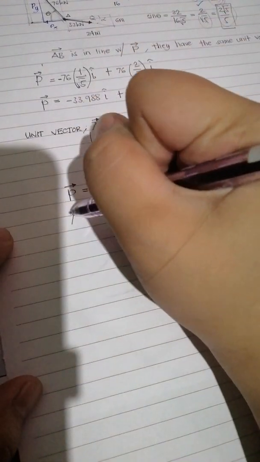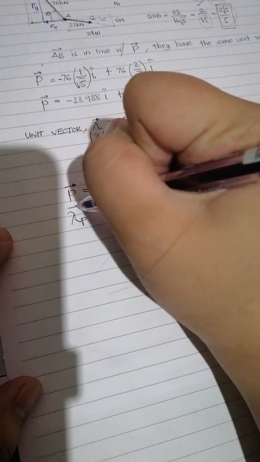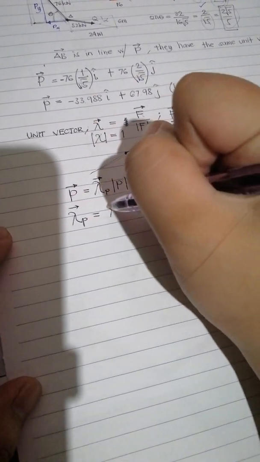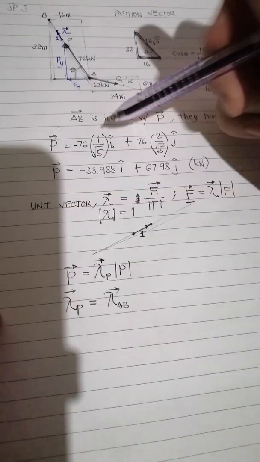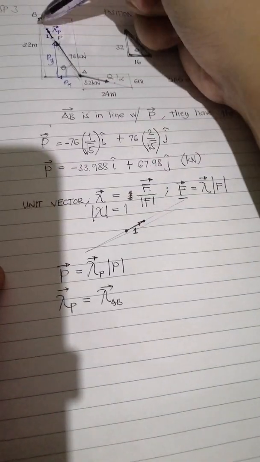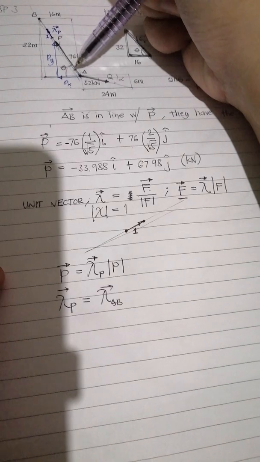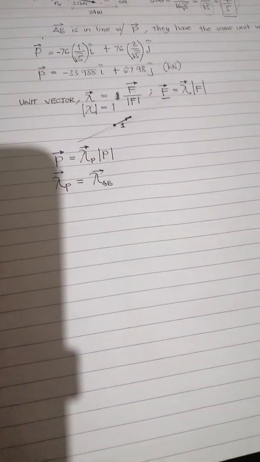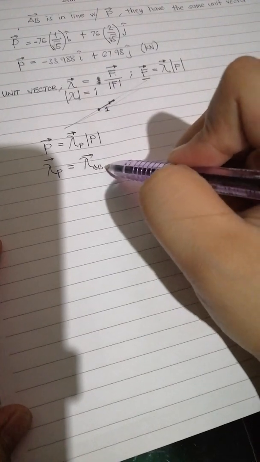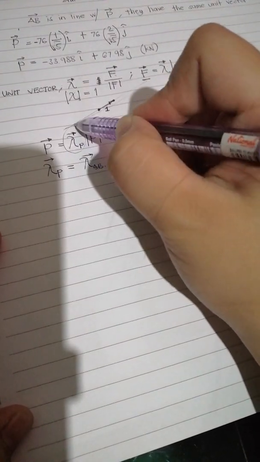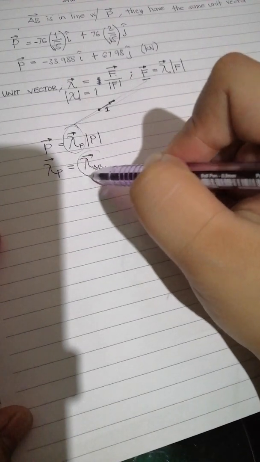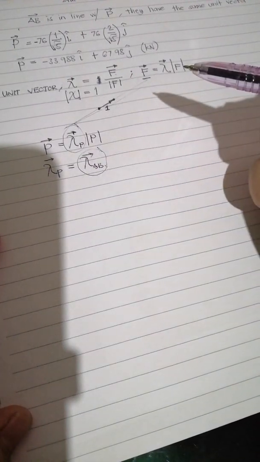Remember that the unit vector of P is the same as the unit vector of the position vector AB. Why? Again, because they have the same line of action. They lie on the same line segment. So, the good thing about this is we could get this because this is equal to the unit vector of AB.